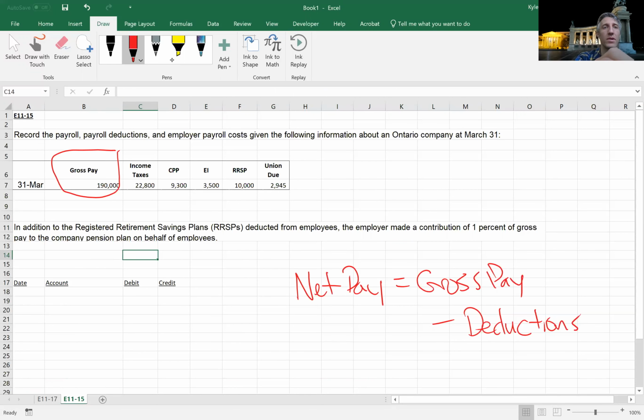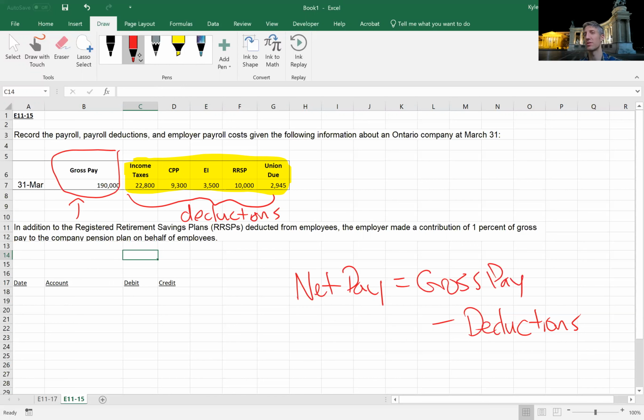So we have over here, I'll highlight them all in yellow, a series of deductions to this employee. So their net pay, the cash that they're going to take home, their take-home pay, is going to be their gross pay minus the sum of these deductions.